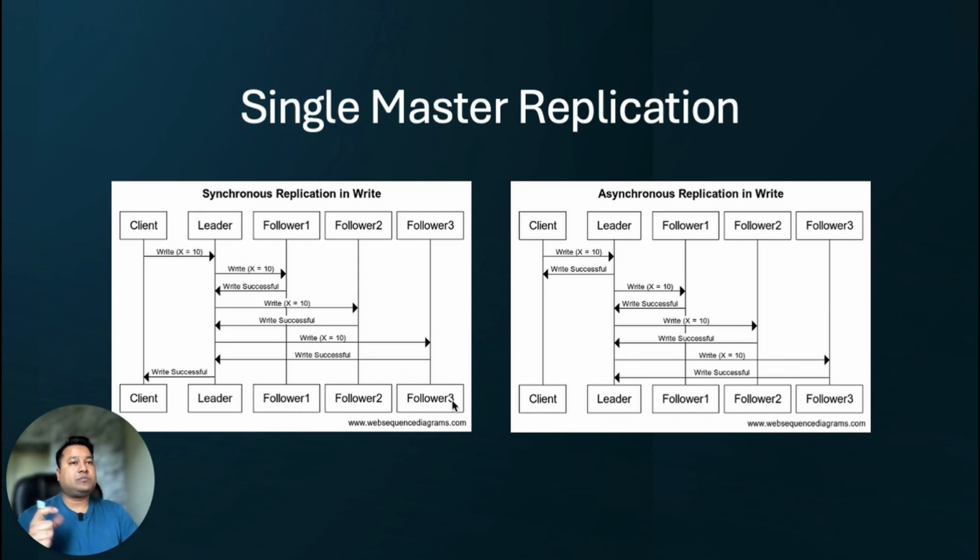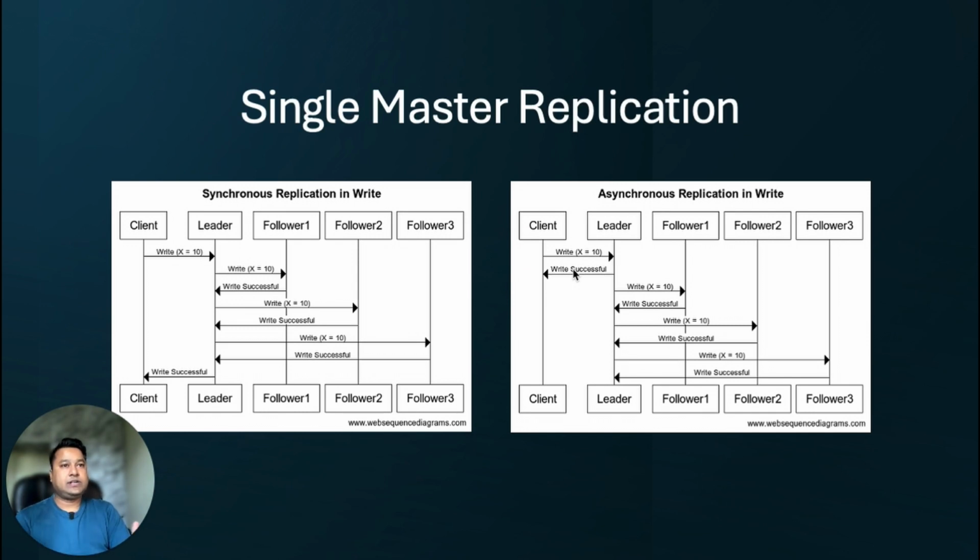Let's say you have 3-4 data centers, maybe one follower in data center 3, one in data center 4, and 2 followers in data center 1. The way asynchronous replication works is, if the client is writing to the leader node, it will write locally and then propagate that change later on. So the entire system will be eventually consistent.